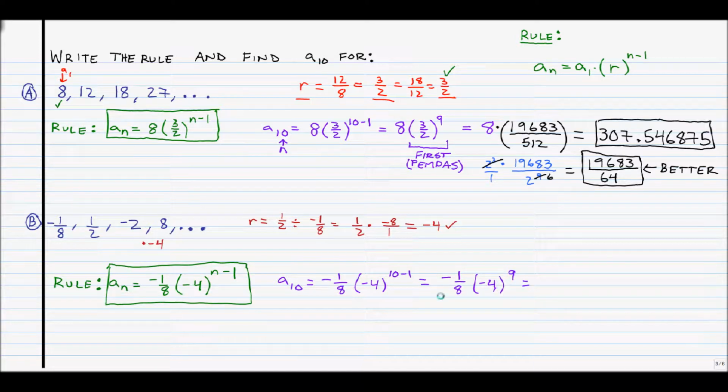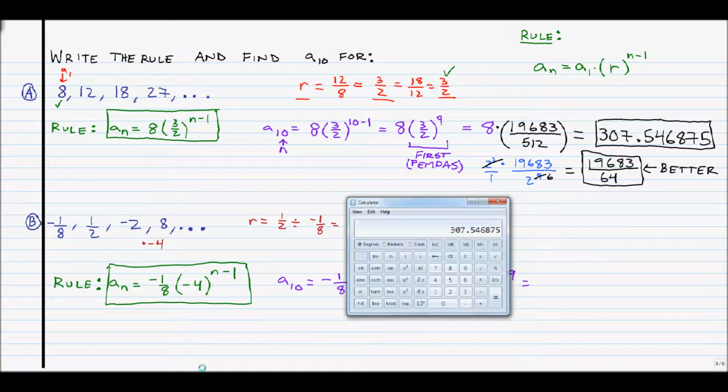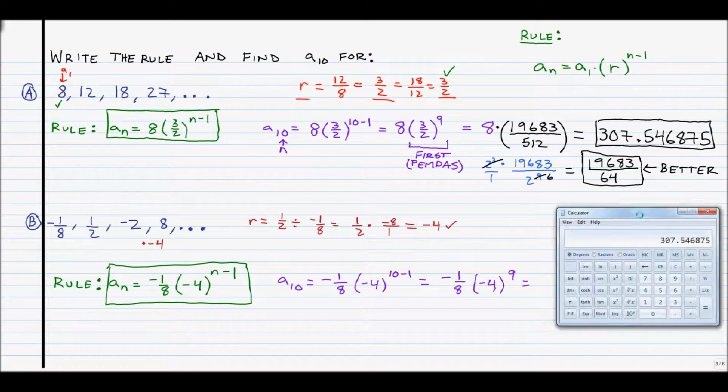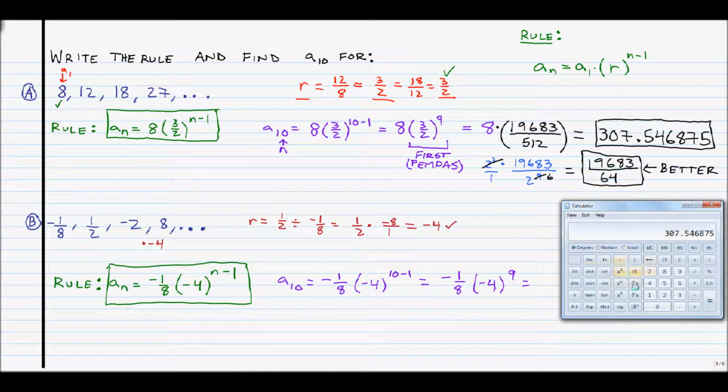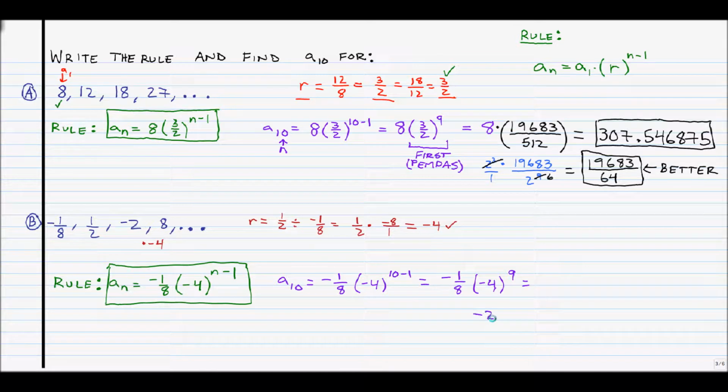In this one, I'm just going to go right to the calculator. My calculator stinks because I'm just using the one from the computer, but I'm going to type it in a really weird way. I'm going to start with -4 to the 9th power, because I have to do that exponent first. It says -4 to the 9th power is -262,144, and that is being multiplied by -1/8.